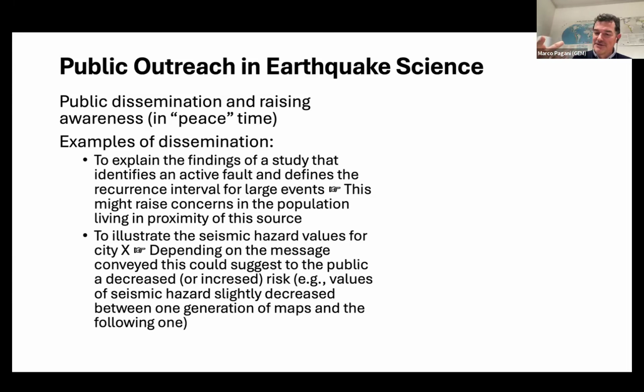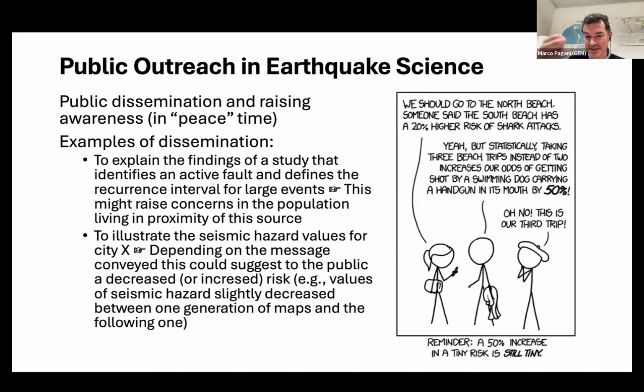Okay. These are things that maybe in the scientific community are clearly understood without misunderstandings, but in the general public, the way in which you convey that message is extremely important and must be considered very carefully before disseminating it.